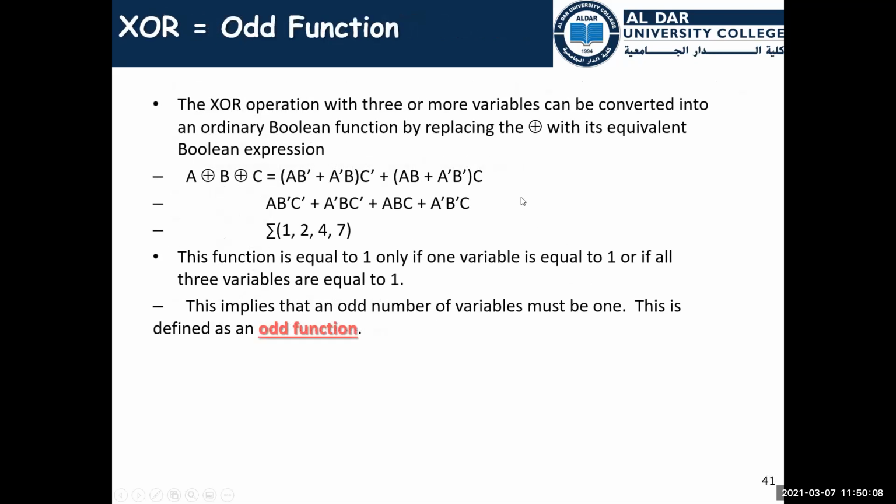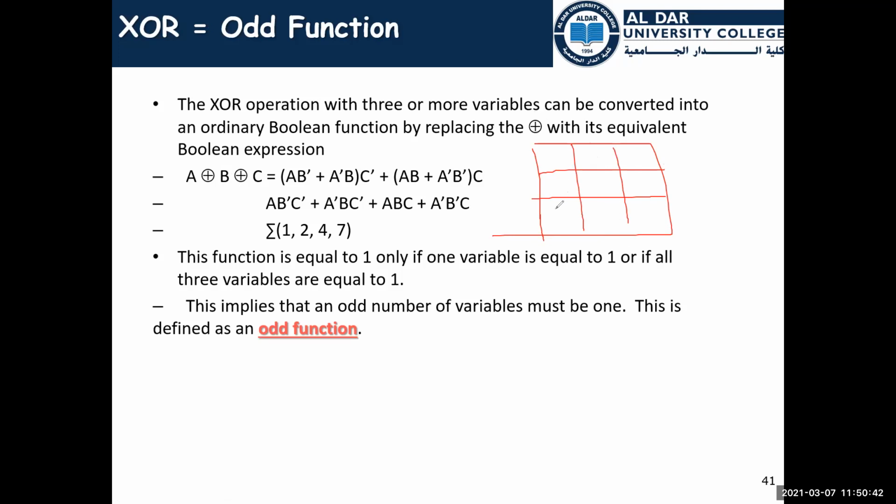Now we move to a more specific Boolean expression to understand more about XOR. XOR for 3 variables, if you draw them by Karnaugh map.